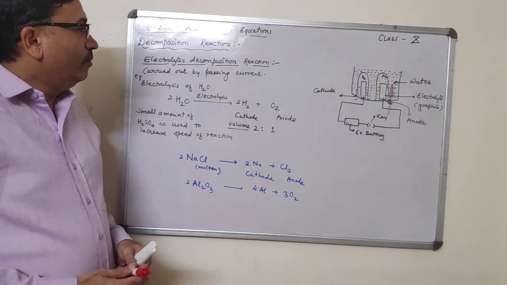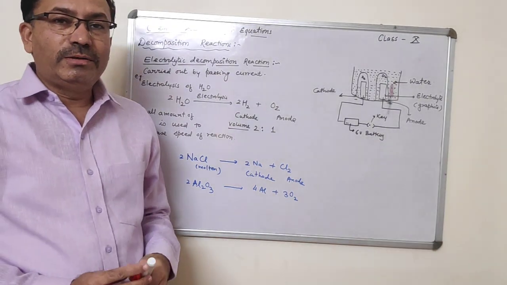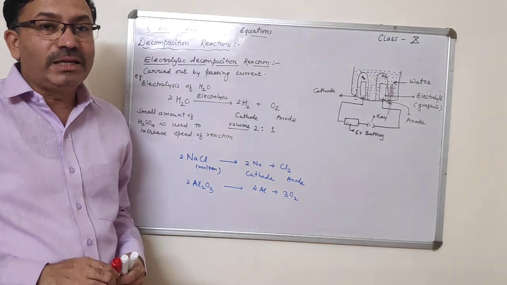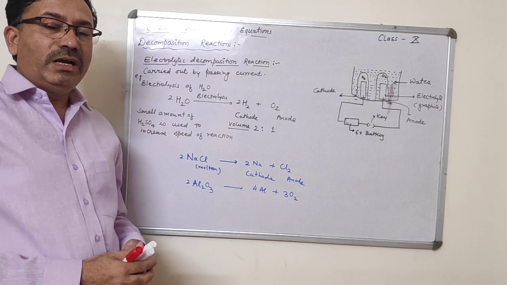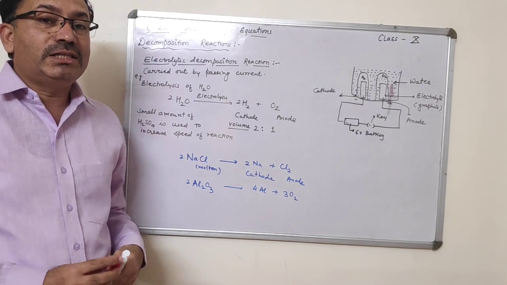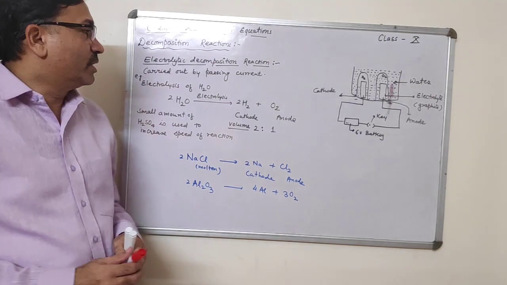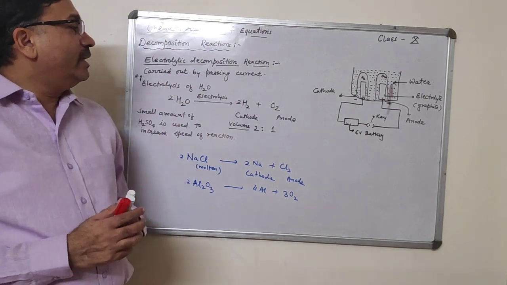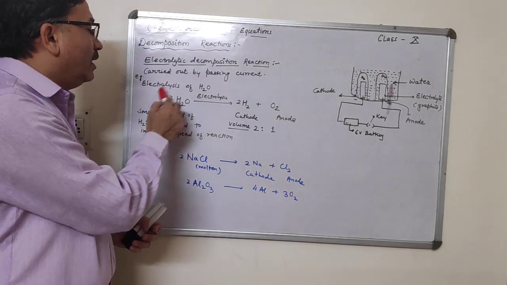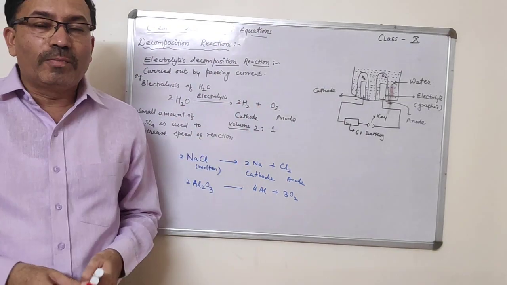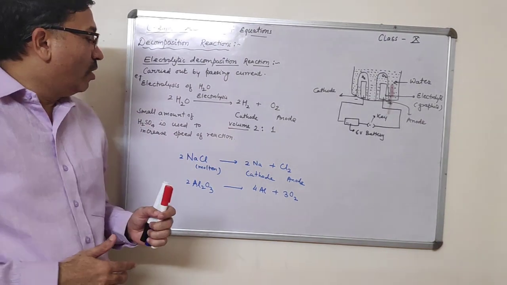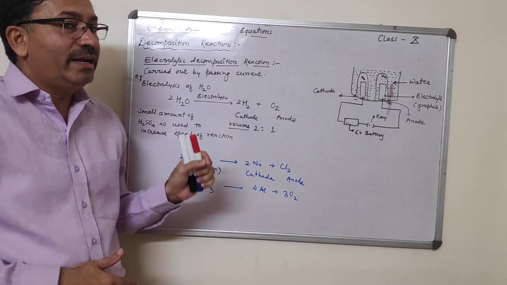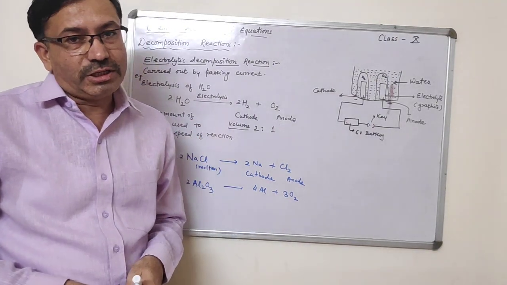In today's video, I am going to discuss decomposition reactions. In my previous video, I discussed one category of decomposition reaction, that was thermal decomposition reaction. A decomposition reaction is one in which a single reactant converts into two or more products. If the reaction is carried out using heat, then it is a thermal decomposition reaction.